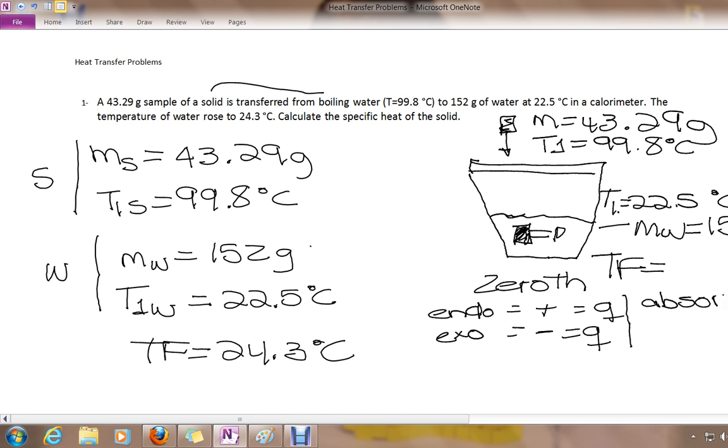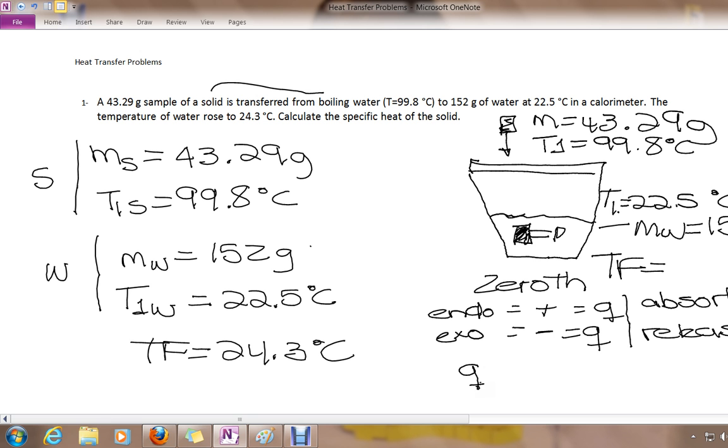Exo means releasing heat. And the other important thing is that the heat has to be transferred from one part of the system to another one.